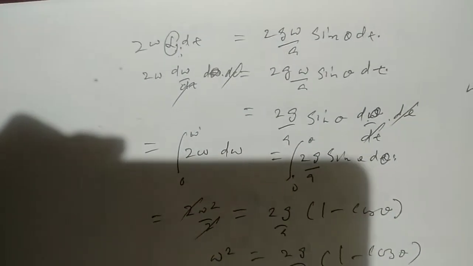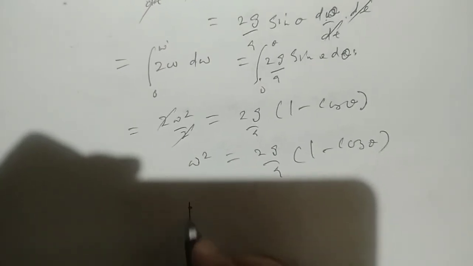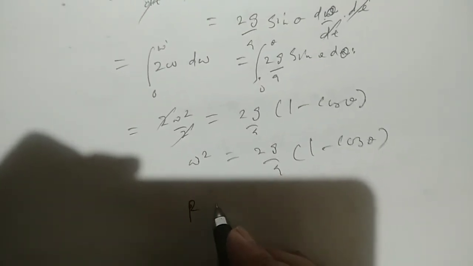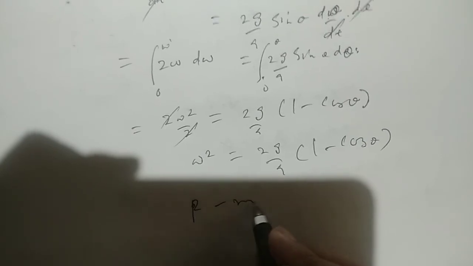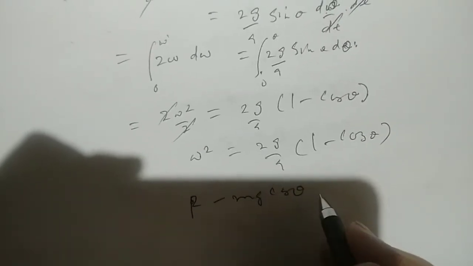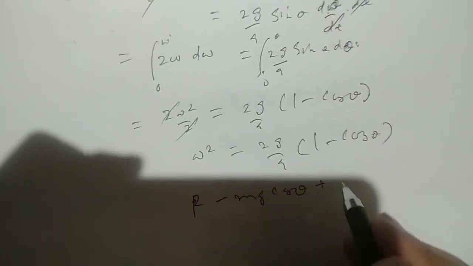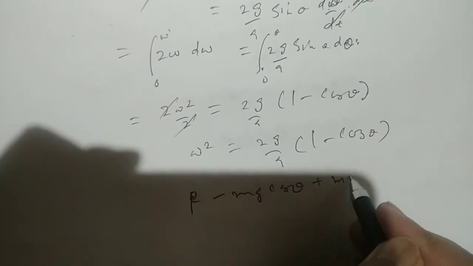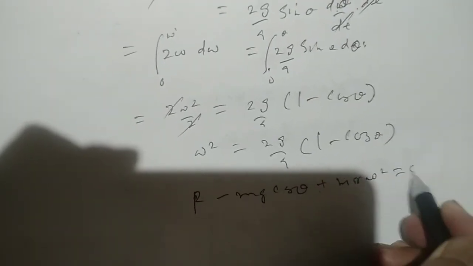Now if I remind myself of the equation that I wrote down earlier, that R minus mg cosine of theta plus m a omega square will be 0.